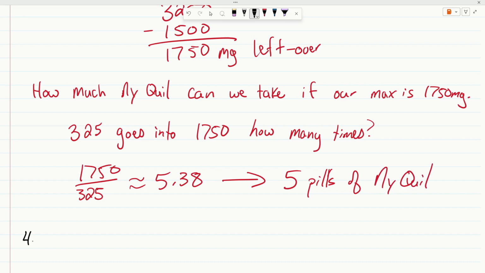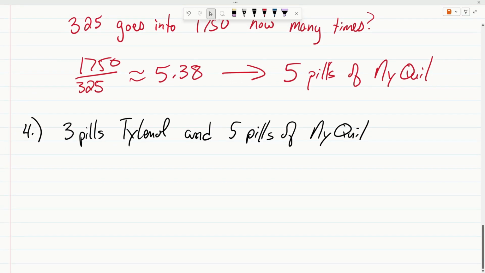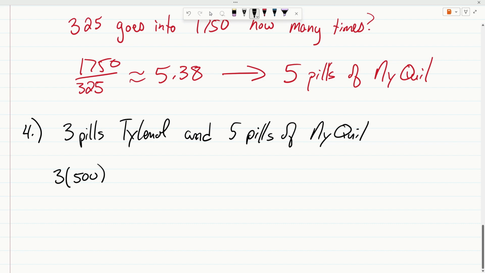So step 4, does this answer make sense? Well, think about it. We're taking 3 pills of Tylenol and 5 pills of NyQuil. And when you do the math, 3 times 500 plus 5 times 325 has to be less than or equal to our maximum, which is 3,250.